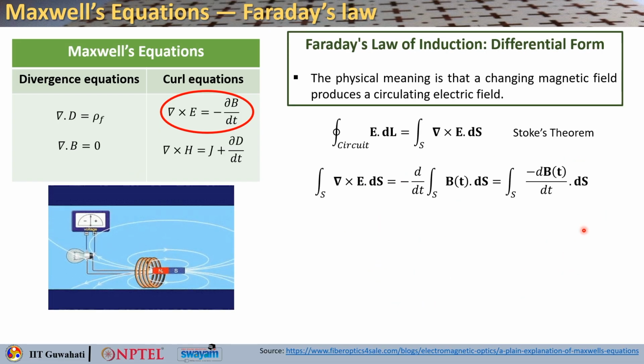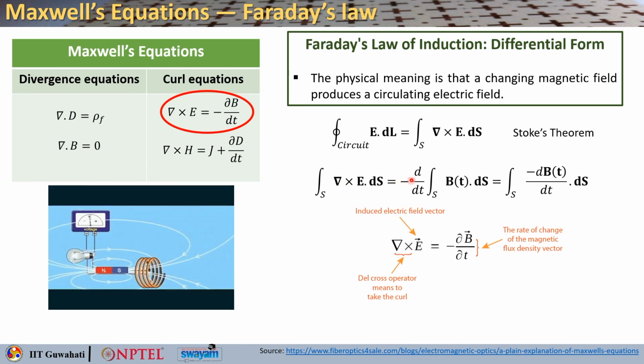So, it is easy to write down these two equations side by side, and whatever is getting integrated is now matching on both sides. So, curl of E is minus dB by dt. That is how you get this differential form equation.